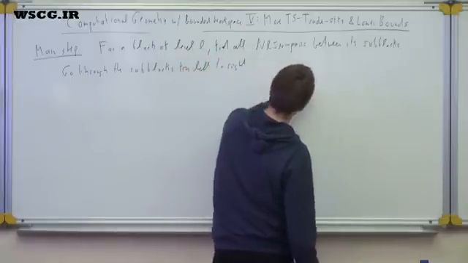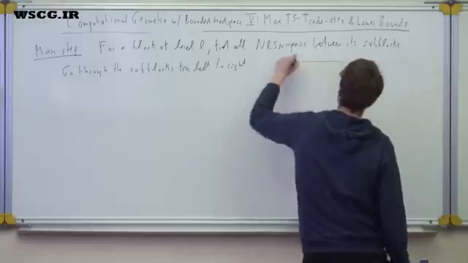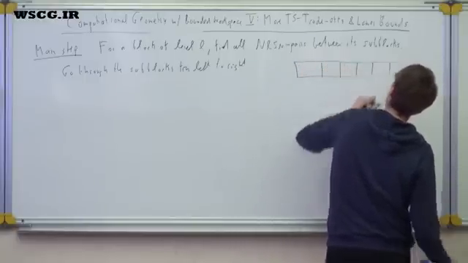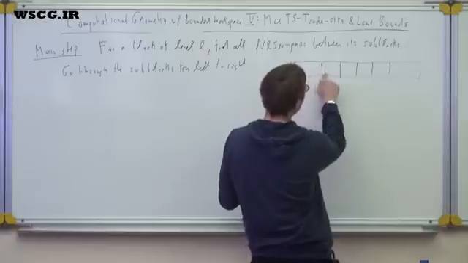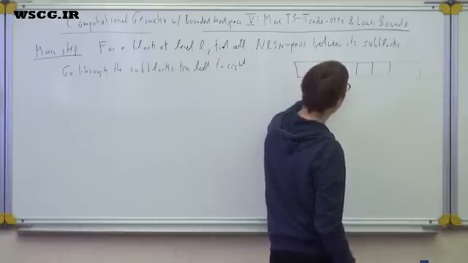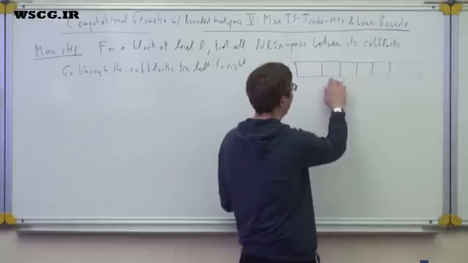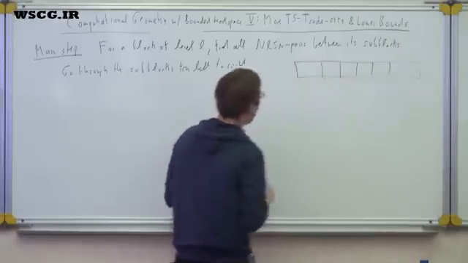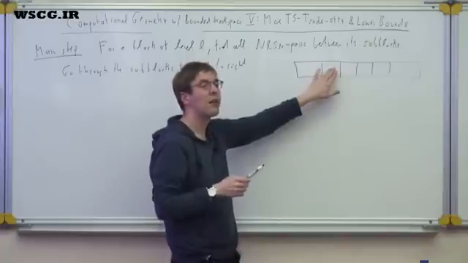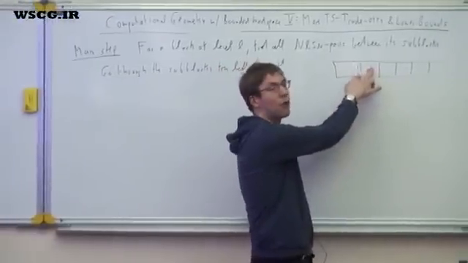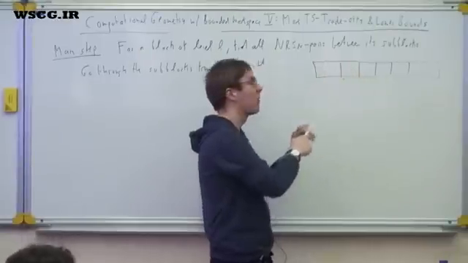So let me draw it here. Here we have the subblocks. The algorithm goes through all the subblocks from left to right, and in each step I have a current subblock which I'm working with. Say I start in this one. This is my current subblock, and now I want to find all the pairs whose right element is in this subblock.